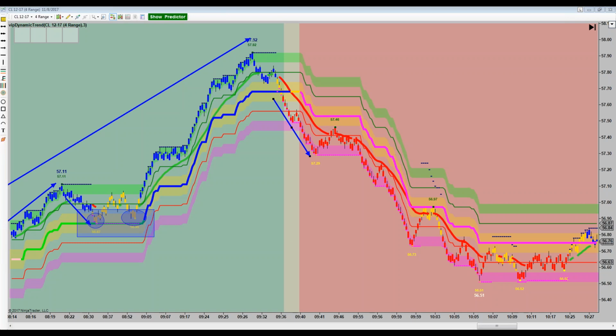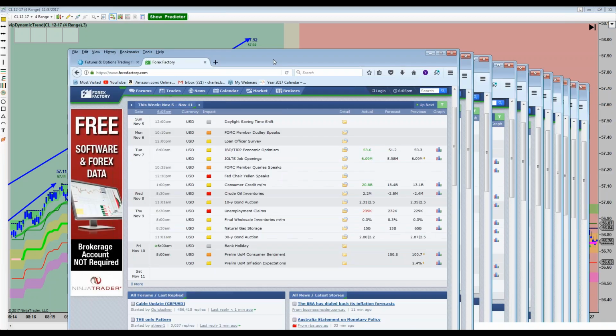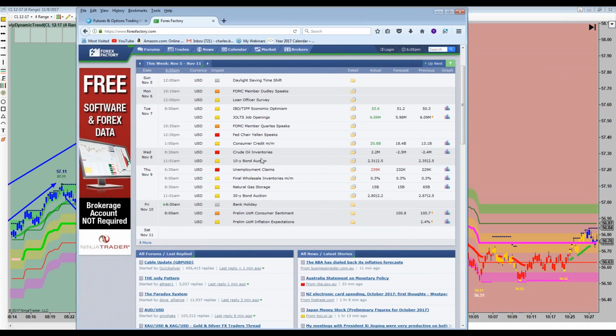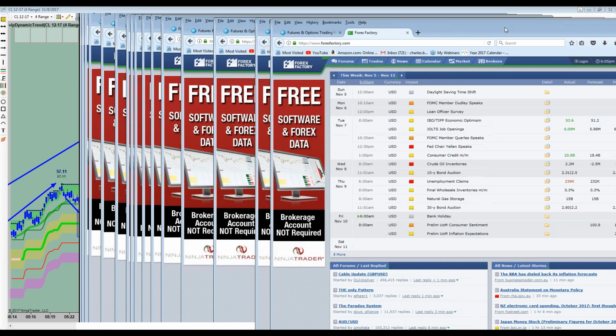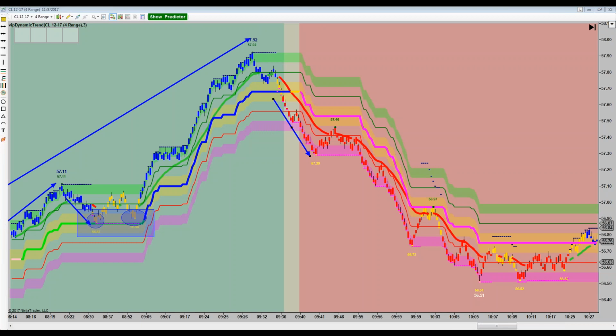Yeah, it's crude oil inventory right here. So it's 7:30 Pacific. Crude oil numbers came out right here, 7:30 Pacific. And the oil markets tend to move very, very nicely on Wednesdays. Wednesdays are a good day to trade oil.